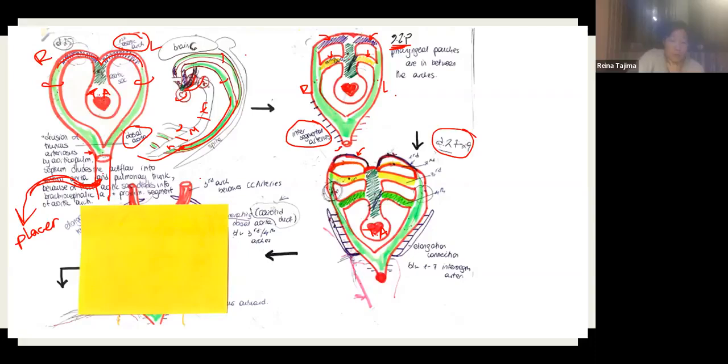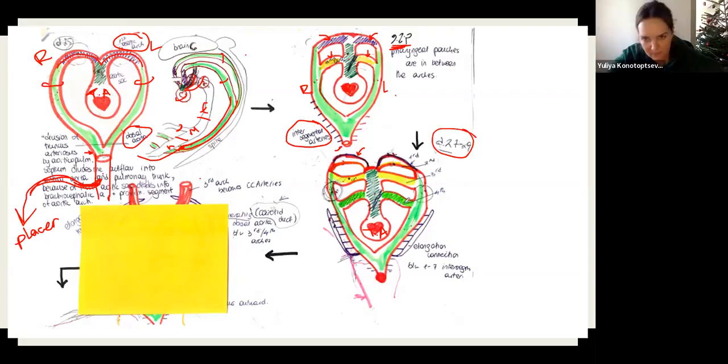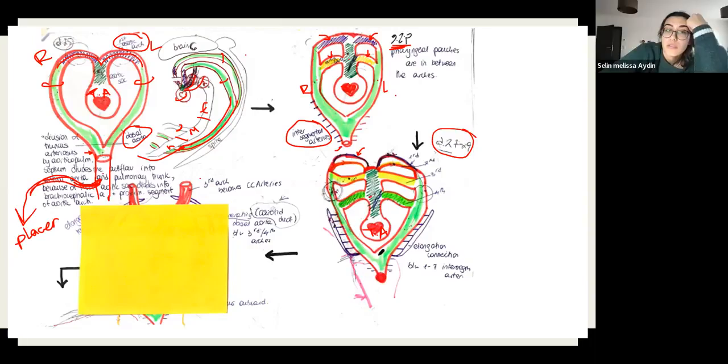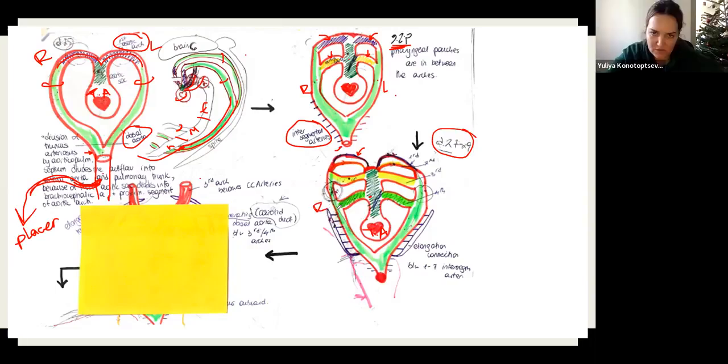Second aortic arch. This? Third. These ones? Fourth. They're arches because they start from the aortic sac and they drain into the dorsal aortas. We have the right dorsal aorta here and we have the left dorsal aorta on the other side. Where do they fuse into one?